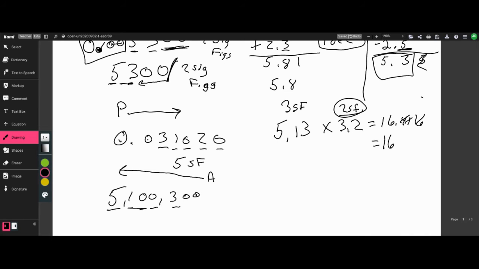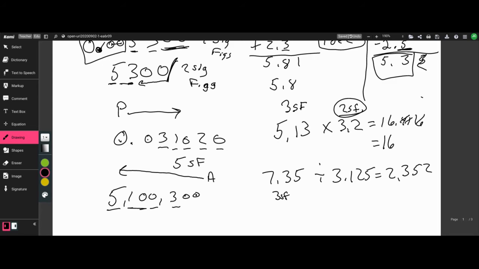If I did division, I would have, for example, 7 and 35 hundredths, 7.35. Divide that by 3.125, and I end up with, when I plug into my calculator, 2.352. The 7.35 has 3 significant figures.